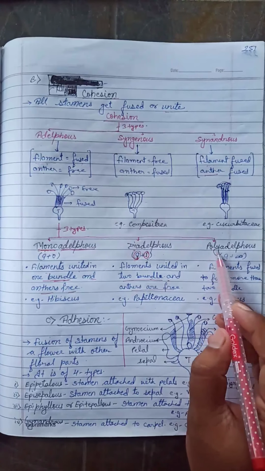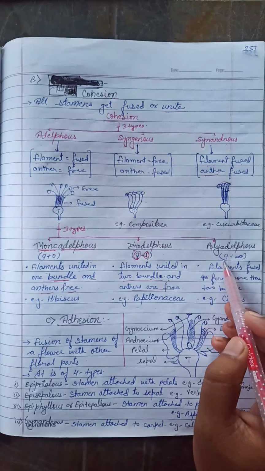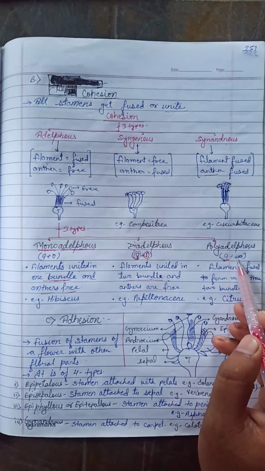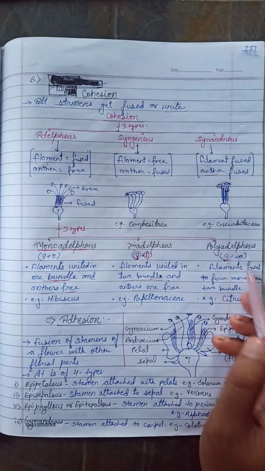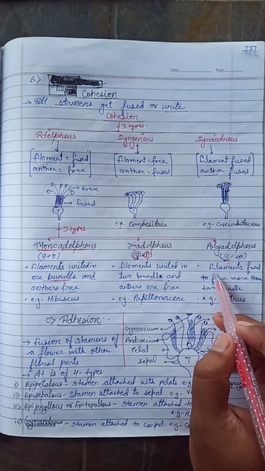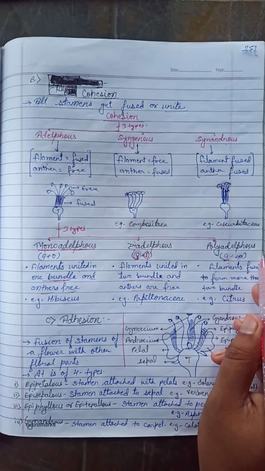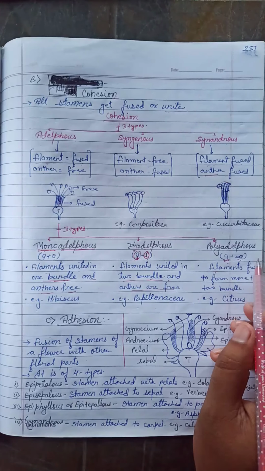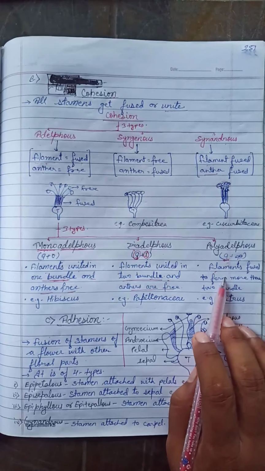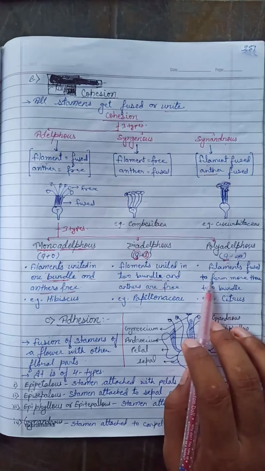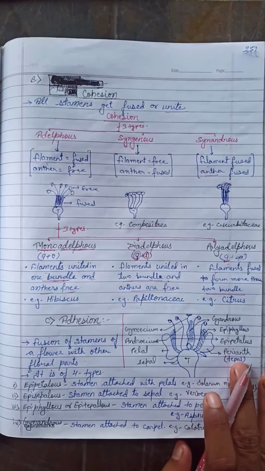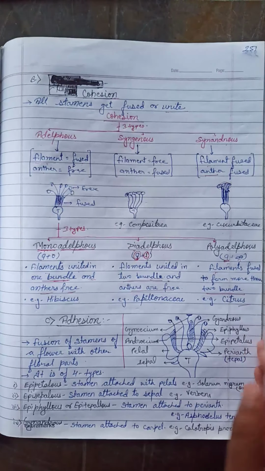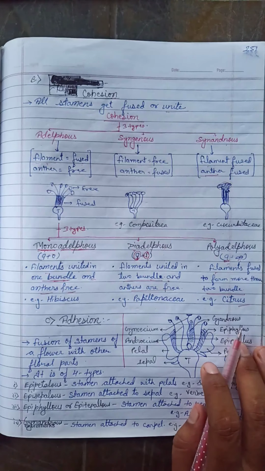And what about polyadelphous? Filaments fuse to form more than two bundles, either 1, 2 or many more bundles. That is called the polyadelphous condition. It is common in citrus flowers.